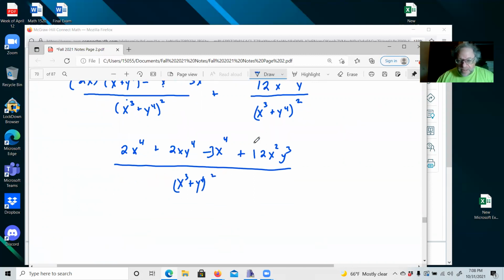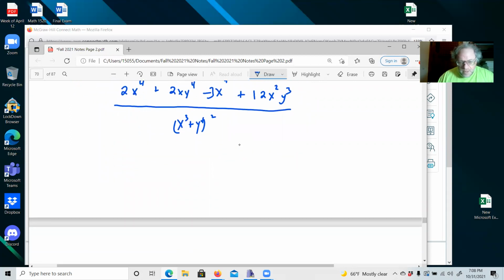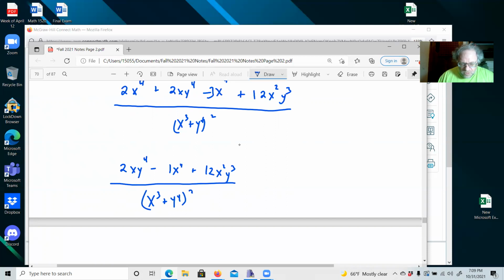And after that, we could say 2x to the fourth minus 3x to the fourth. 2 minus 3 is negative 1. So we have negative x to the fourth plus 12x squared y cubed, all divided by x cubed plus y to the fourth, squared. And that would be our solution for this thing.